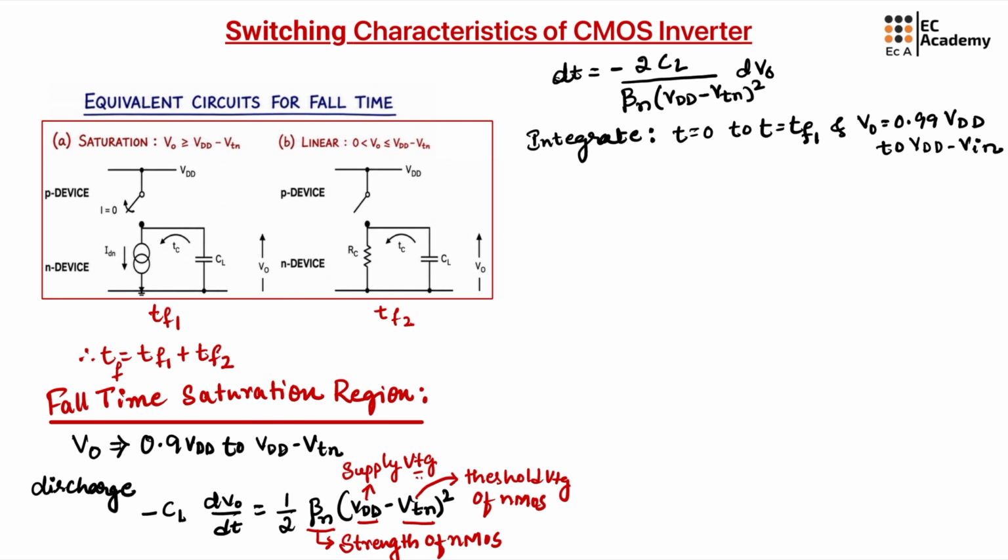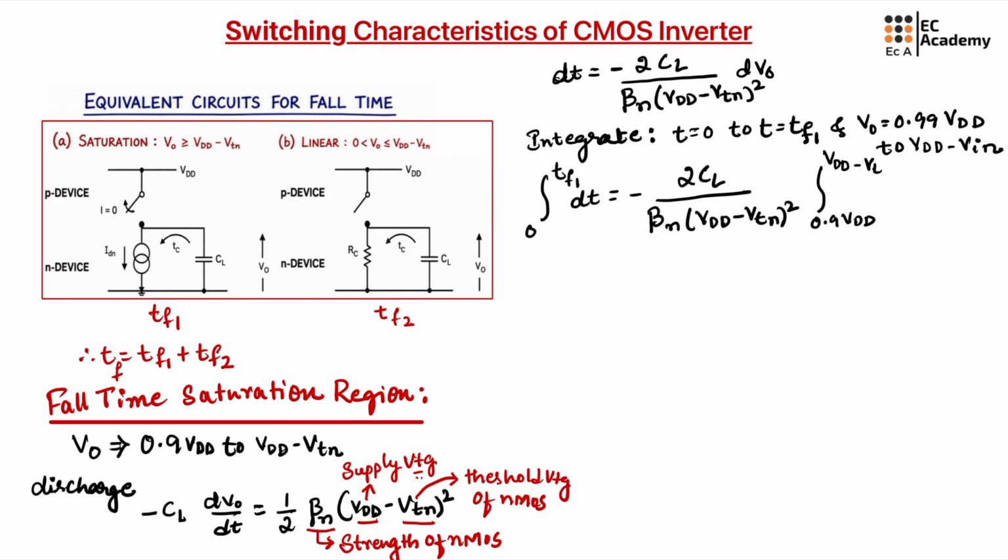So the above equation we can write as the integration from 0 to TF1 of dt is equal to minus 2CL divided by beta n times (VDD minus VTN) whole square, times the integration from 0.9 VDD to VDD minus VTN of dV0. So in the above equation, this entire term represents a constant.